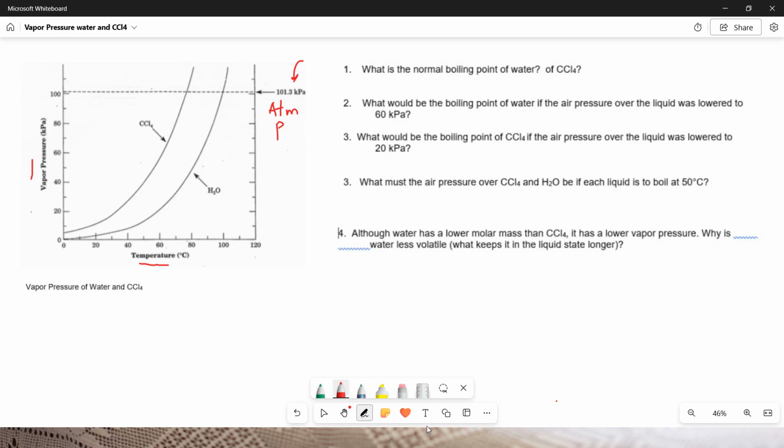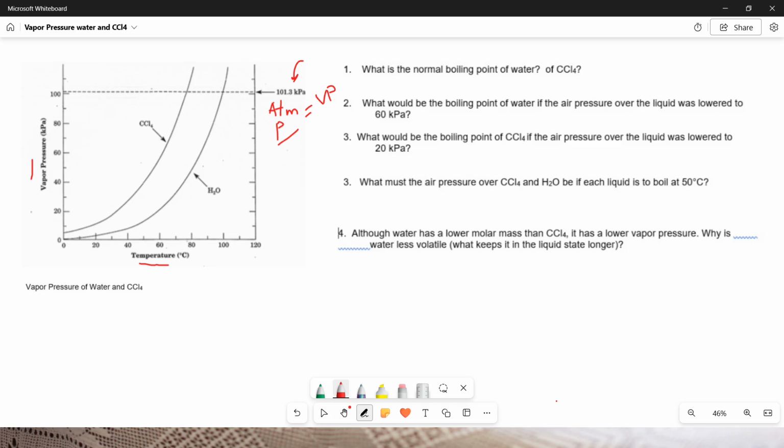Why it's important that we know the atmospheric pressure, I always need to explain to my kids that, for example, water is not going to change from the liquid state to the gaseous state, in other words, it's not going to boil, until the atmospheric pressure is the same as the vapor pressure of that water. And so that explains why a lot of times as you change the altitude as you travel, the boiling point of water is going to change.